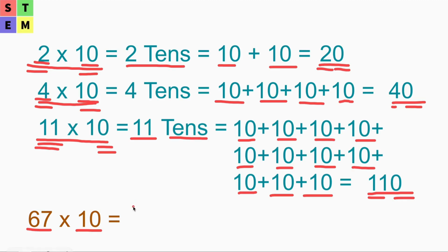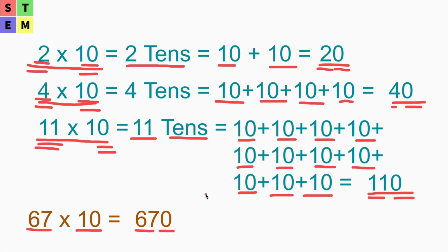So here we'll have 6, 7, and add a 0 at the end, which will give us 670, right? So 670. So 6, 7, and add 0 at the end.